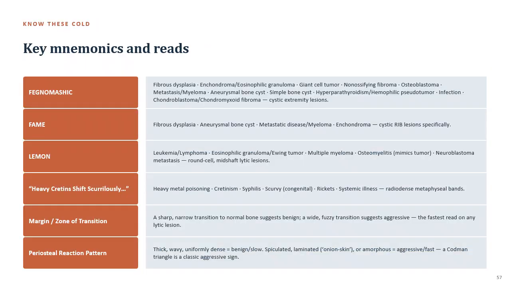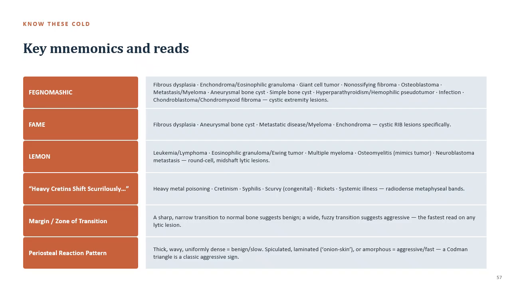All right, here are some mnemonics that they use when they're looking at some of the extremity patterns. The first mnemonic there is phlegmomassic. It's basically a memory tool that they use to identify some of the different causes of the lytic lesions and also the cystic lesions that are happening in the patient's extremities.